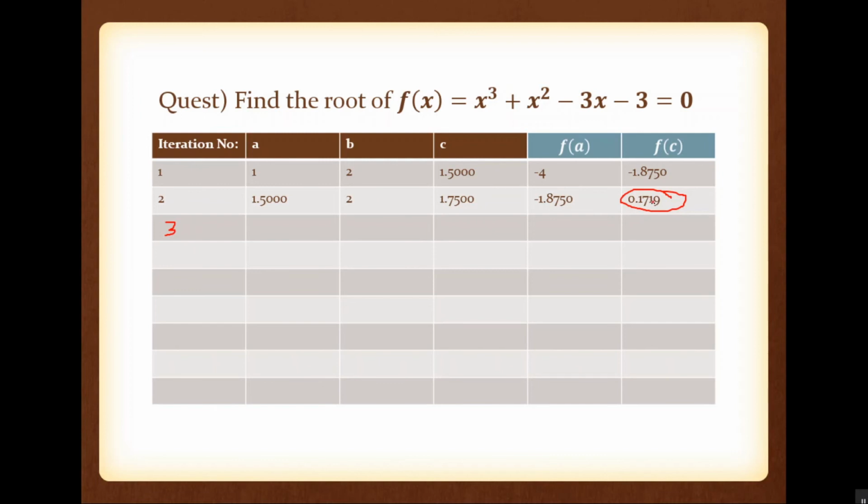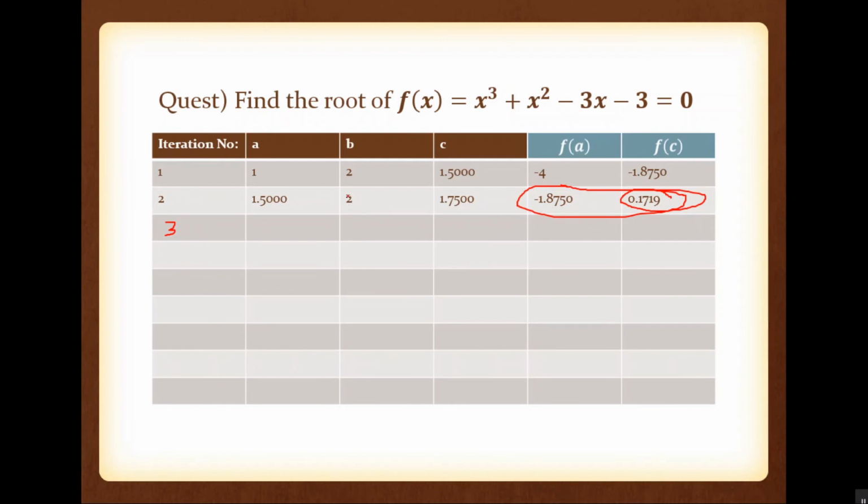For that purpose, take the product of f of a and f of c. Actually, I told you there is no need to take the product. What is the sign of that product? This is negative, this is positive. So the sign of f of a into f of c is negative, meaning less than 0. If it is less than 0, what do we need to replace, a or b? Yes, very good. We have to replace b.